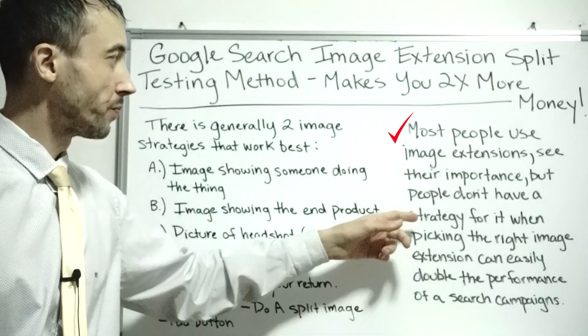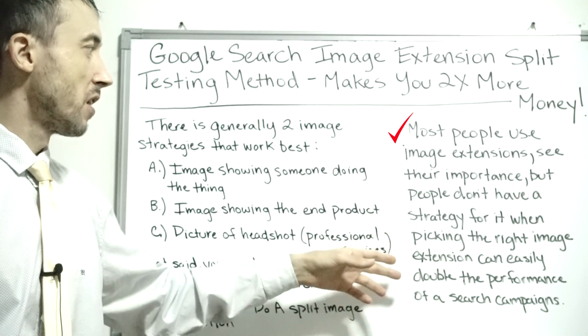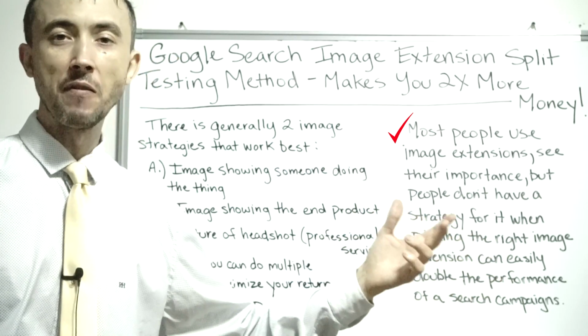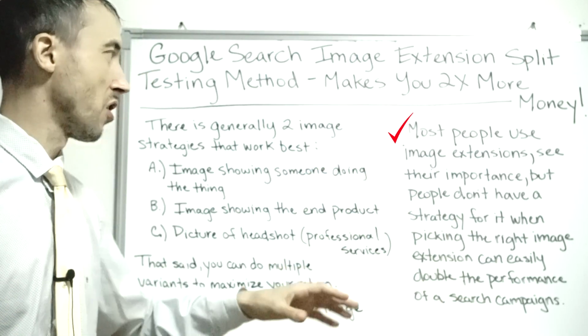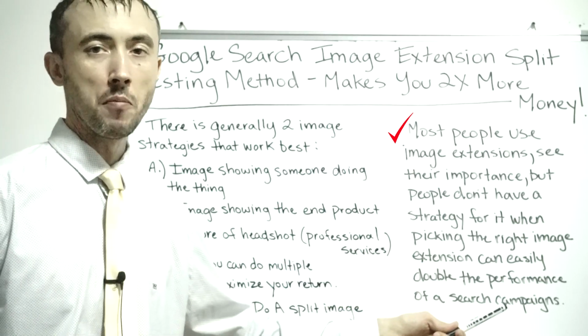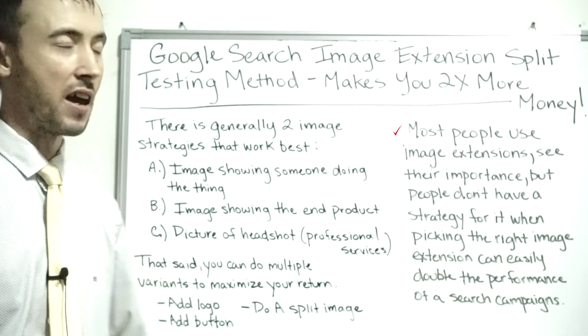And it is. But what people don't realize is how much the image itself, having one image over another image, is going to affect your results. Like I said before, you can easily double the performance of your campaigns just by having the right image show up next to your ad, okay?